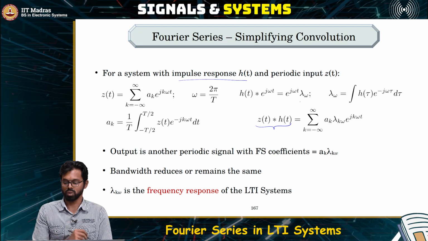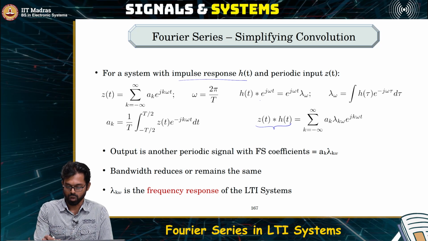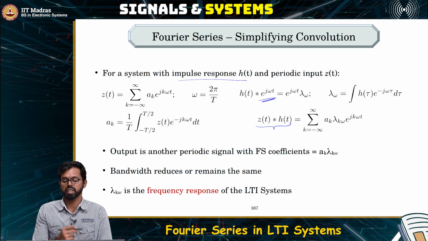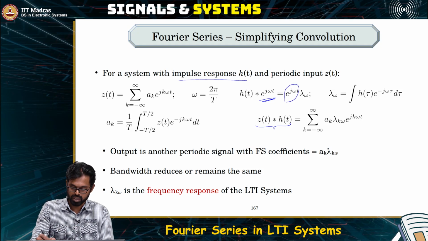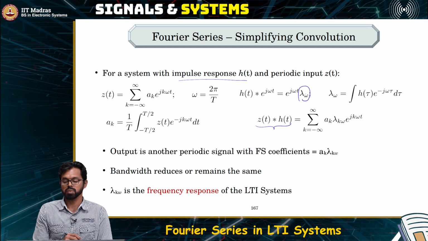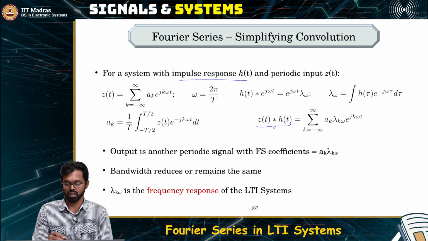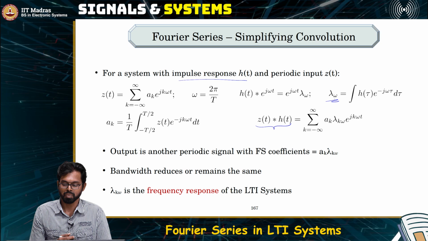That is what we know. If I feed a sinusoid of frequency omega into any LTI system, I will get the same sinusoid scaled with some factor which is a function of the frequency, which is basically the eigenvalue.